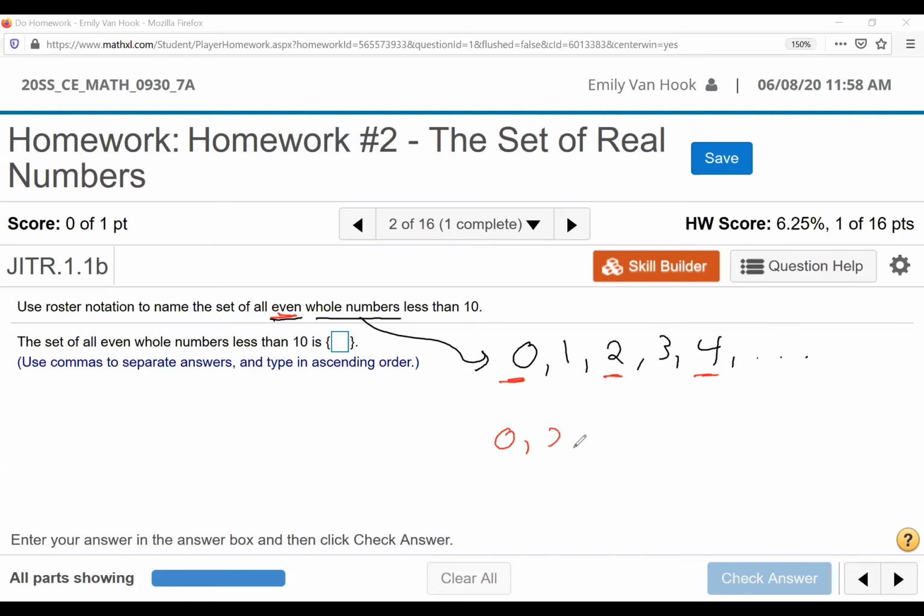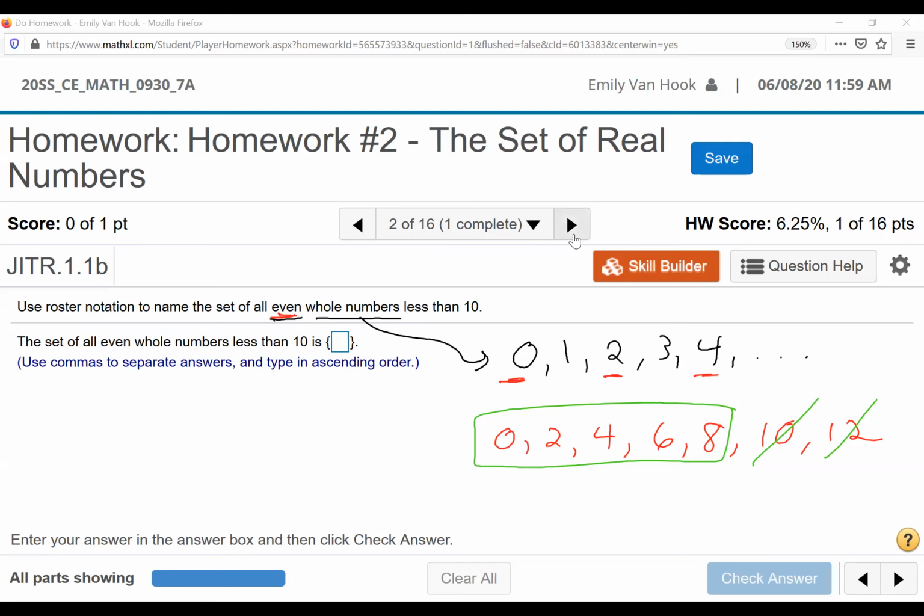So 0, 2, 4, 6, 8, 10, 12, etc. But we want them to be less than 10. Okay, so if I want the numbers that are less than 10, I can't include 10 and definitely not 12 or anything beyond it. This is my list right here. So these are the even whole numbers less than 10. Okay, and then I would go ahead and type those. Use commas to separate answers and type in ascending order. Ascending means going up, so it means least to greatest, like how I did here. Okay, so this is the exact answer I would type in.